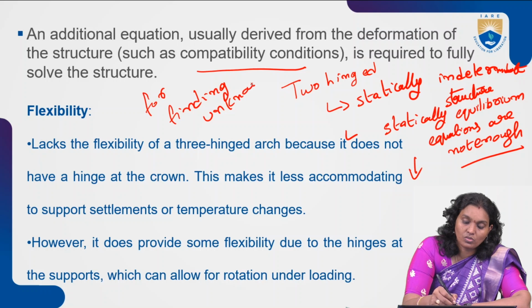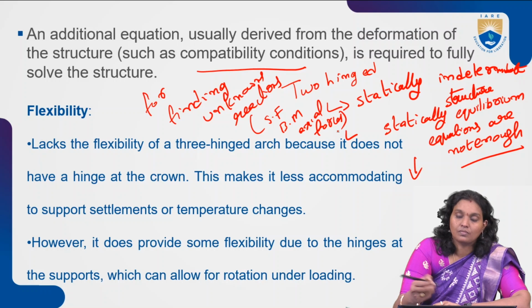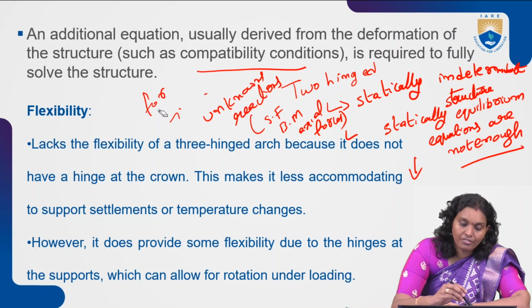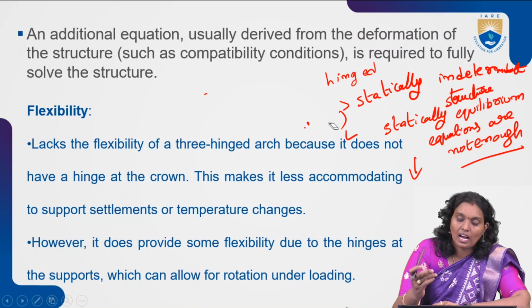What are those unknowns? Those are nothing but reactions and moments. Those reactions are nothing but shear forces, bending moments and axial forces. So those are not enough for getting the unknowns present in these two-hinged arches.